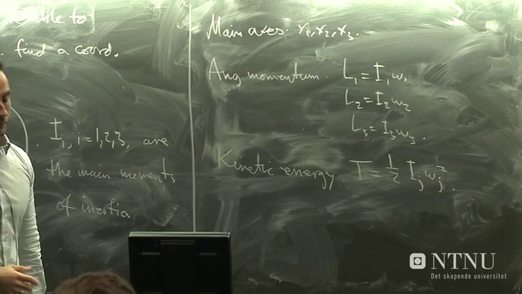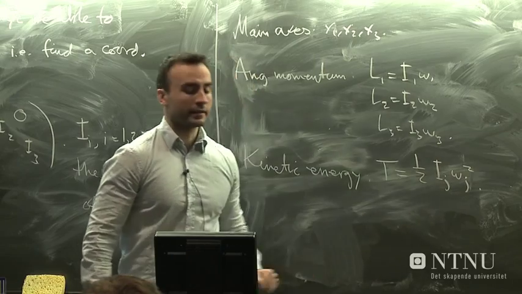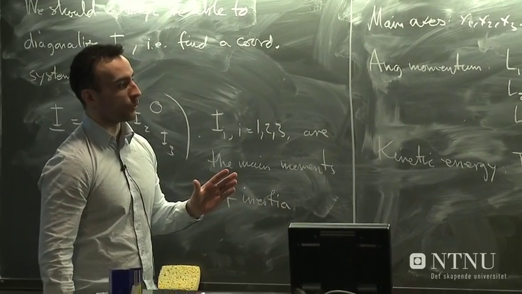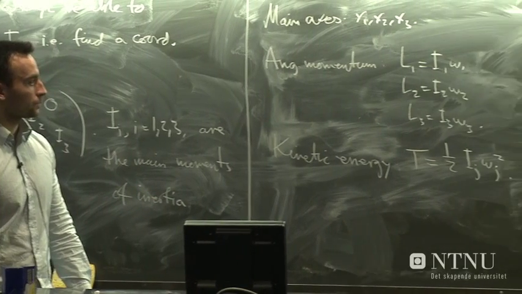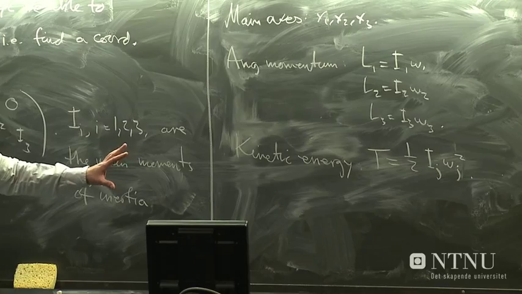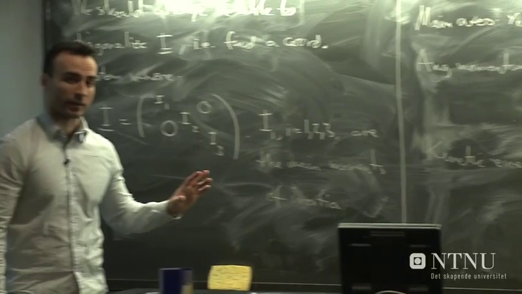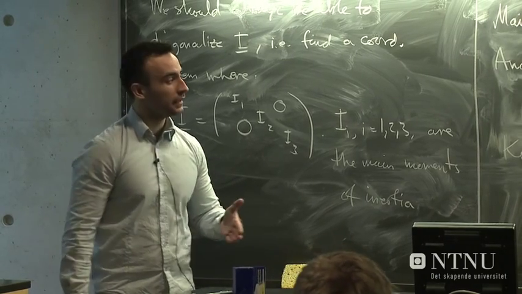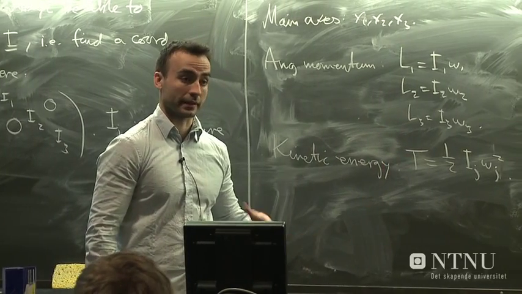And the same thing goes for the kinetic energy, which now reduces to a simple sum here, instead of this matrix product, omega I omega. So I hope this convinces you that the coordinate system which diagonalizes the matrix of inertia is a very handy coordinate system to be working in, because it gives you very simple expressions for the angular momentum and the kinetic energy.